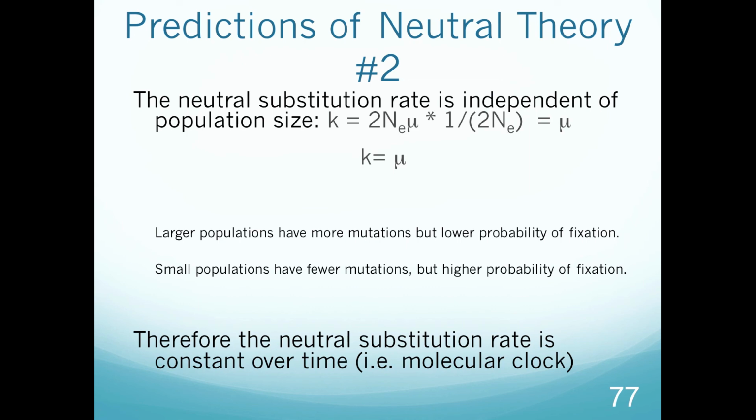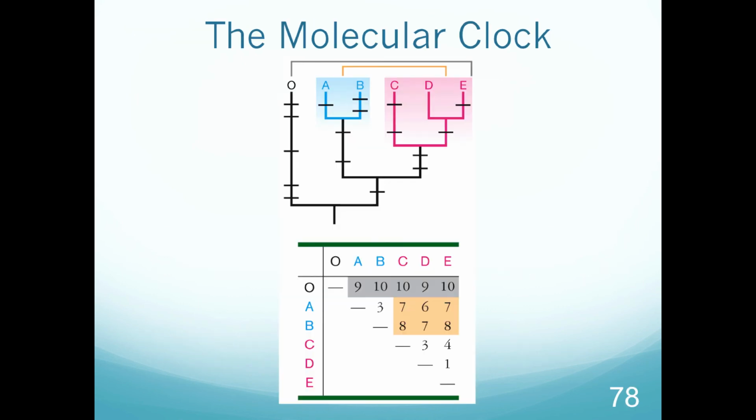So the neutral substitution rate, just like the mutation rate, is basically constant over time. And this is what leads us to be able to predict a molecular clock. So the rate of substitutions that we see between species is actually related to time. And we can build a phylogeny and count the number of mutations along the phylogeny and add those mutations up and relate those to time.